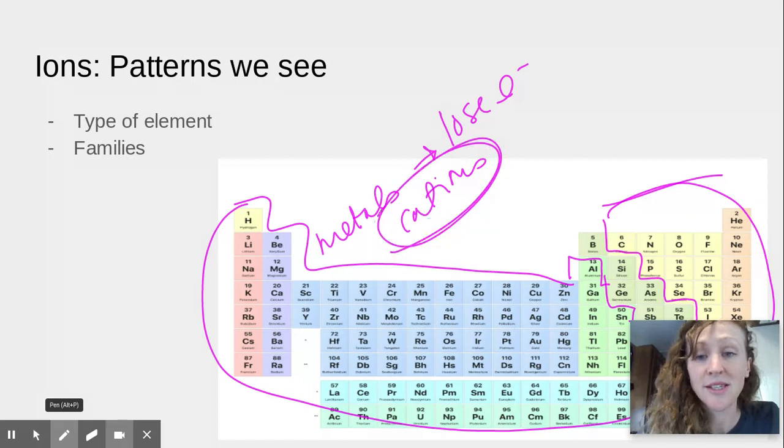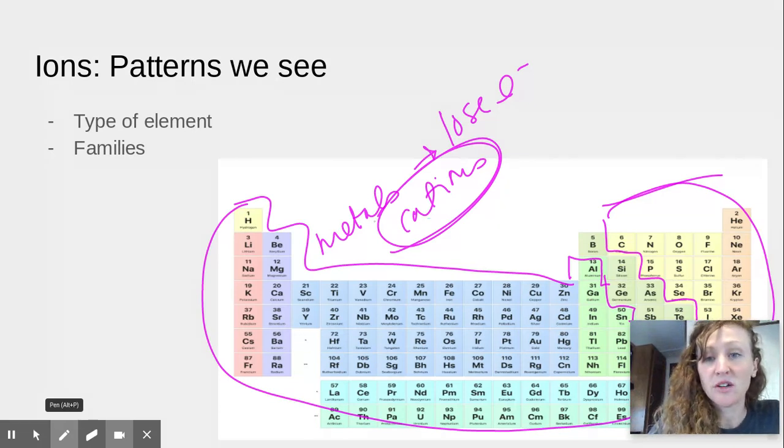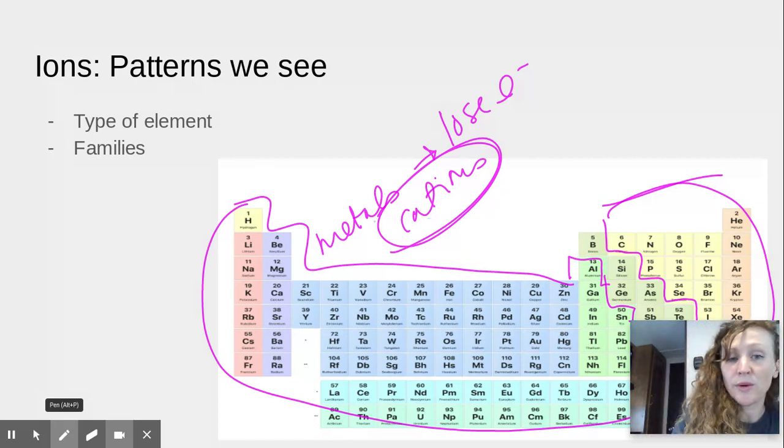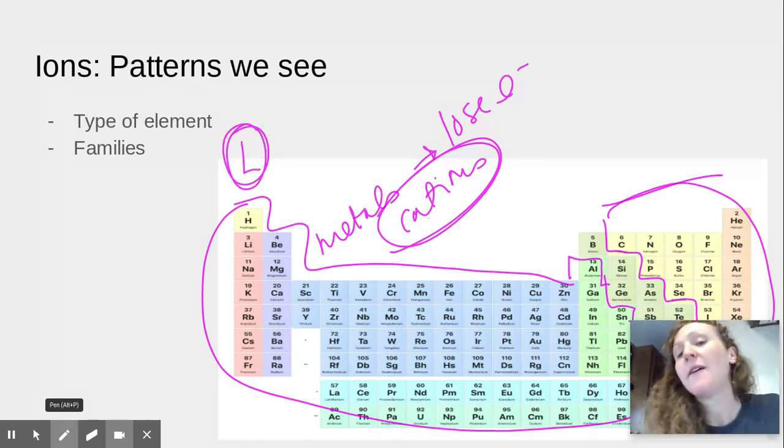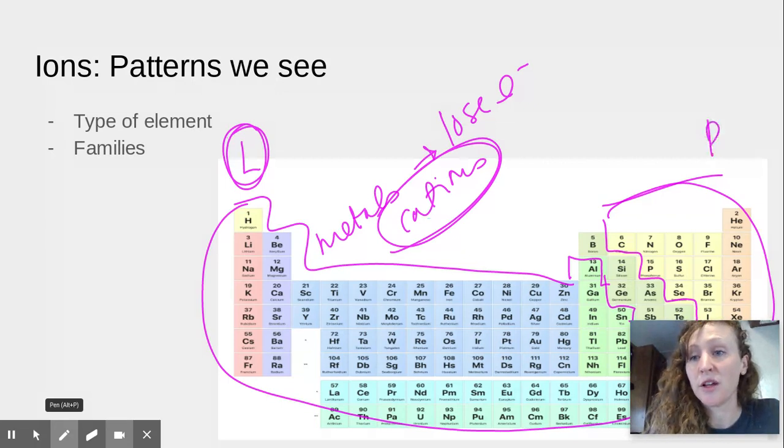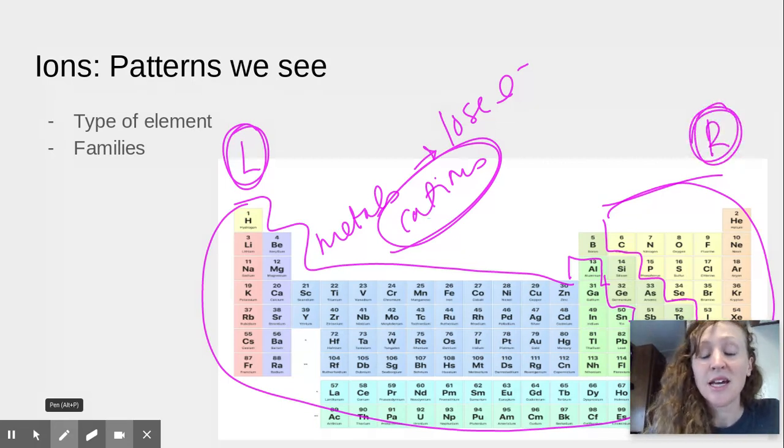Now, the periodic trends help us explain this. Think of their ionization energy. Ionization energy for metals, they're all the way on this left side, tends to be much lower than ionization energy for elements all the way on the right side.